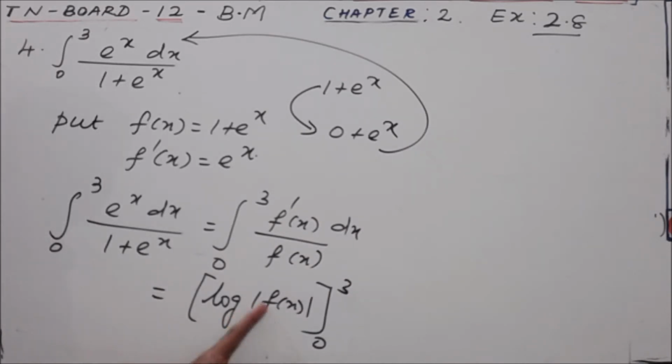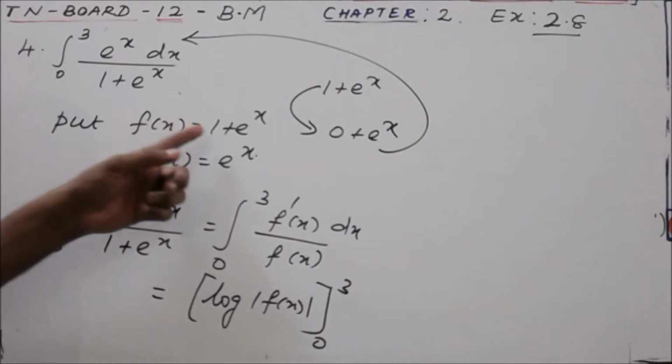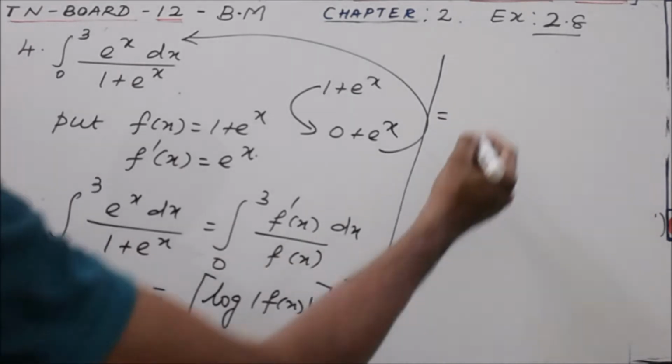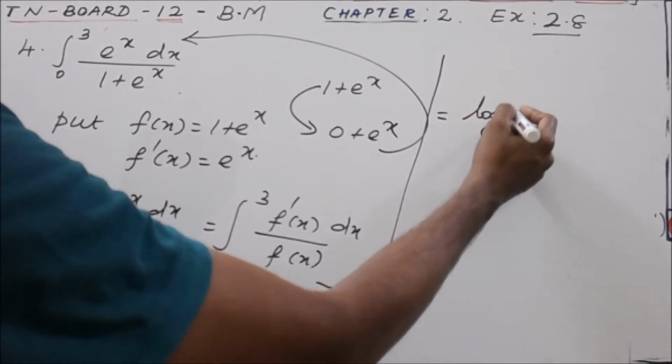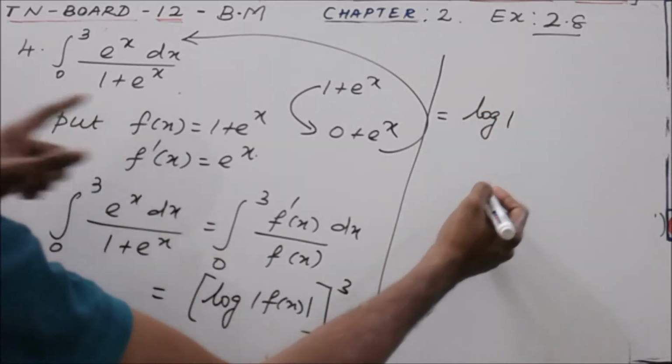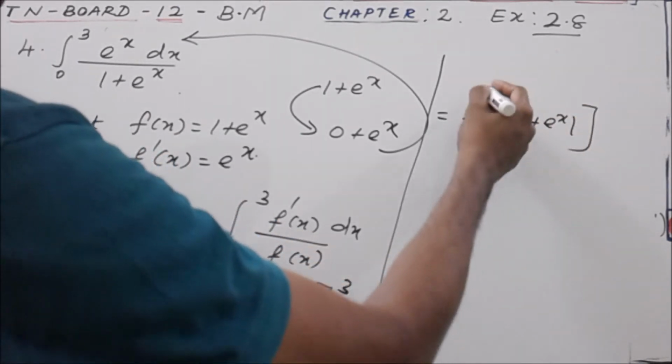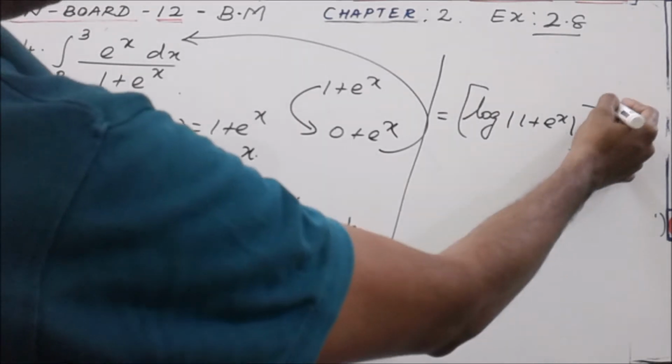Now substitute inside f of x as 1 plus e power x, so that is equal to log of modulus of 1 plus e power x, limit 0 to 3.